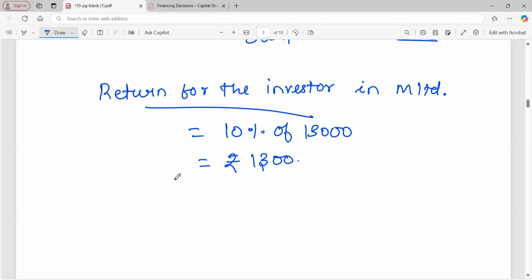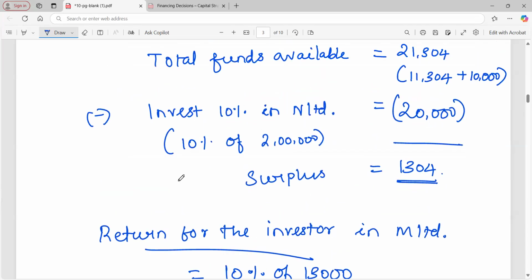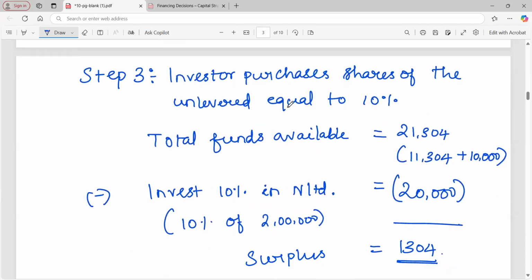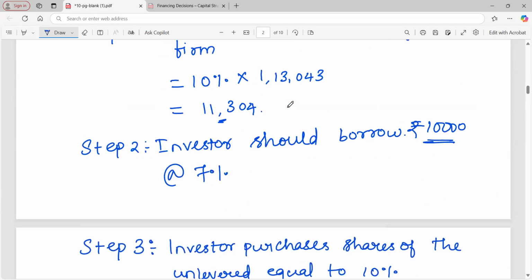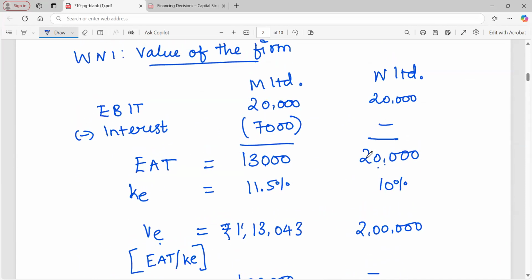Now let's calculate the return for the investor from N Limited. Return for the investor in N Limited. In N Limited, again, in step 3, we can see that the investor invested 10 percentage, right? What is the earnings attributable to the equity shareholders in N Limited?